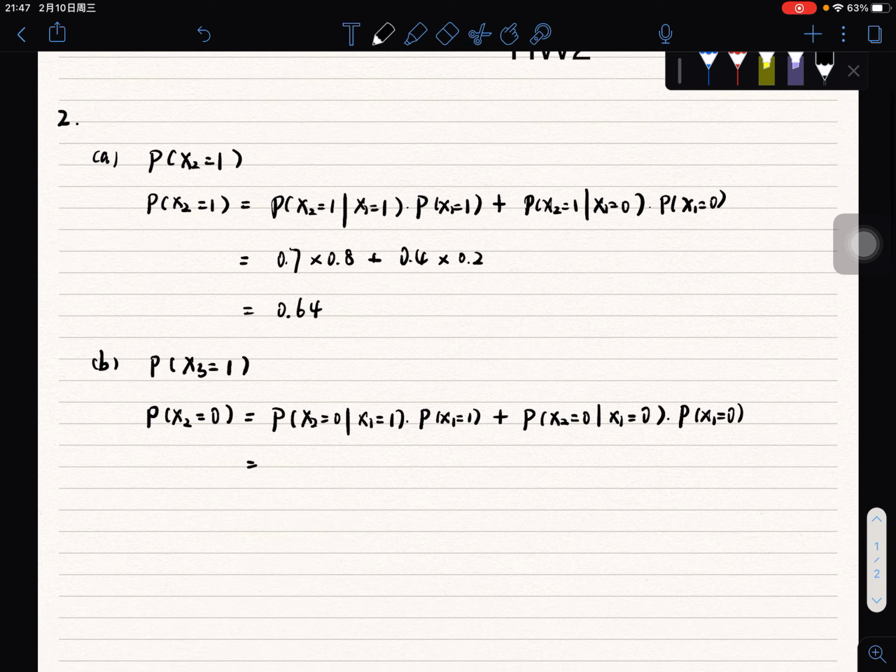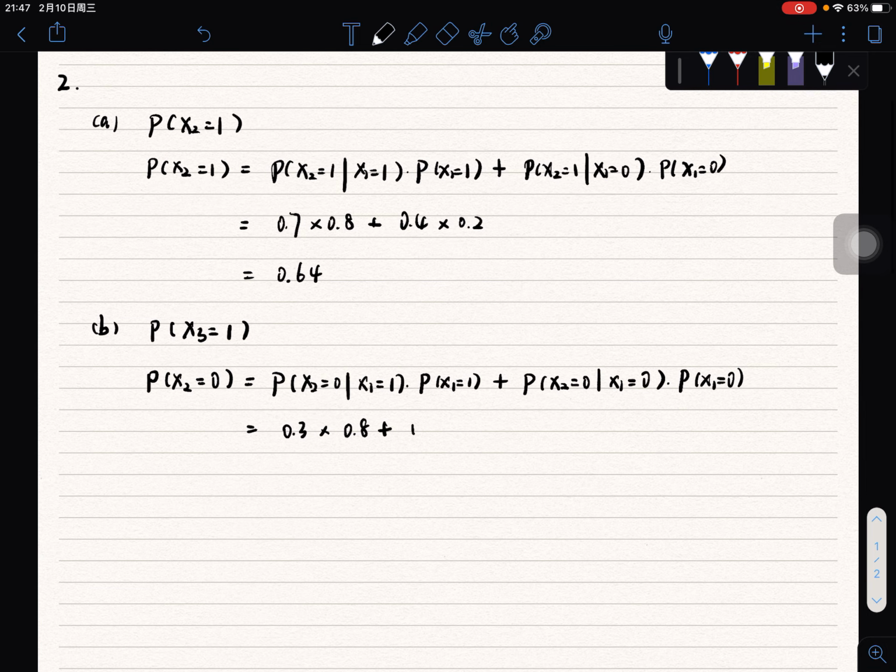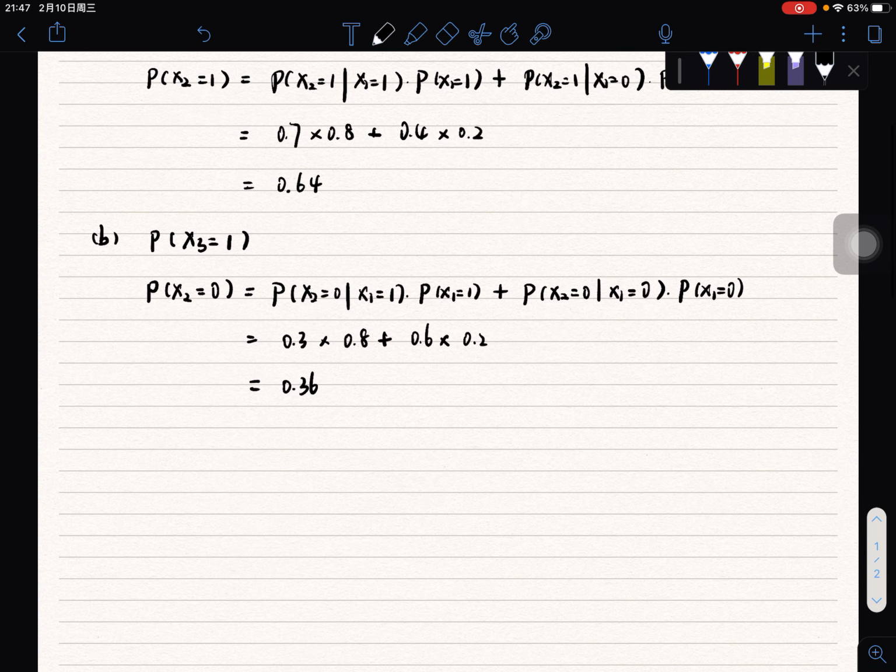And then we replace it with numbers. We will get 0.3 multiplied by 0.8, plus 0.6 multiplied by 0.2, and then we get the answer 0.36.